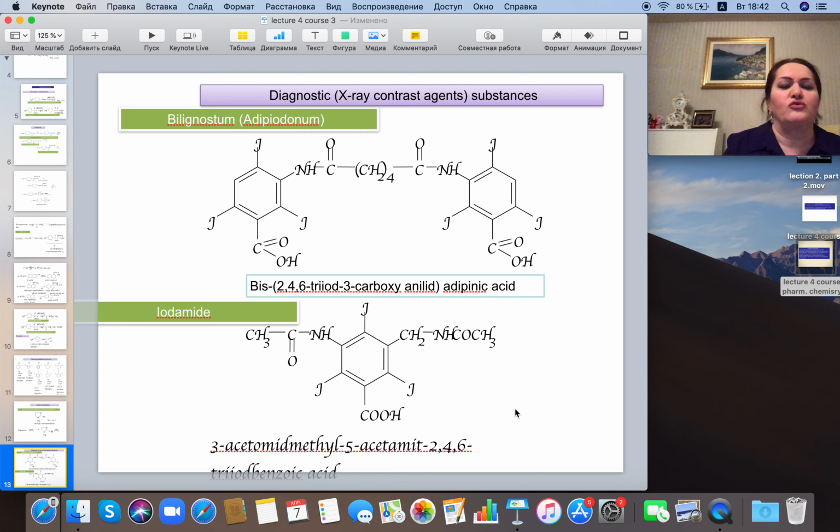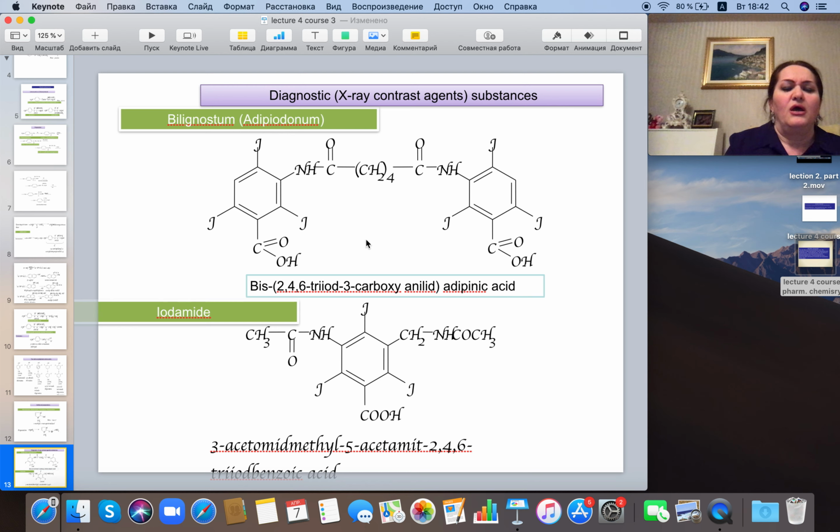The next part of our lecture, X-ray contrast agents or diagnostic substances. There are different diagnostic substances, for example bilignost or adipiodone.